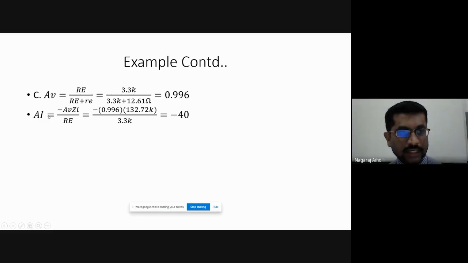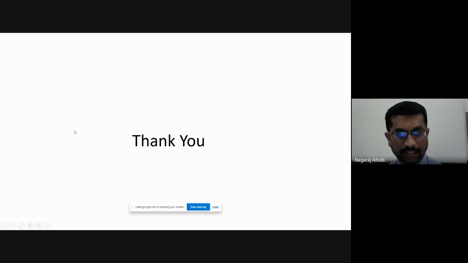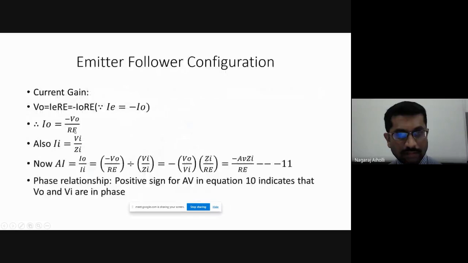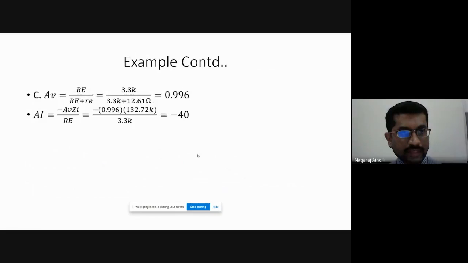Next, calculate the current gain AI, that is minus AV ZI divided by capital RE. Current gain AI is equal to minus AV into ZI divided by capital RE.